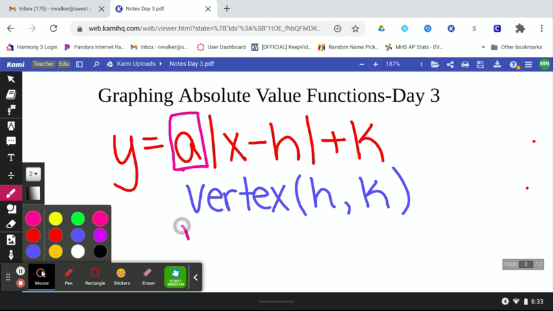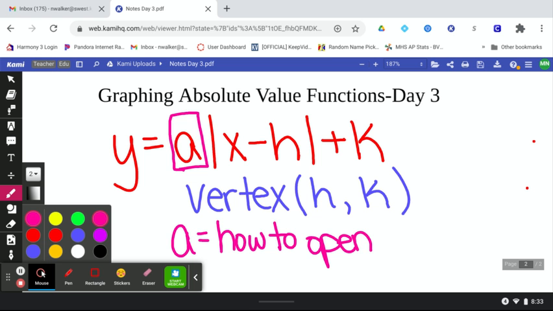So our A value tells us how to open. And I don't like to say this because technically the definition isn't really slope, but it does tell us the pattern of how to make our points. And since absolute values are linear, it is the same pattern over and over.